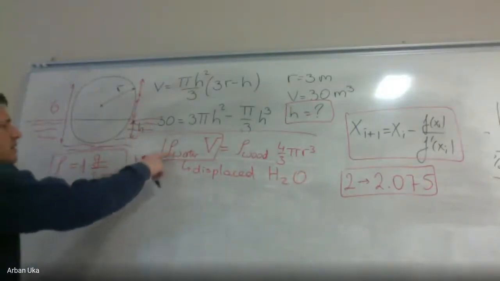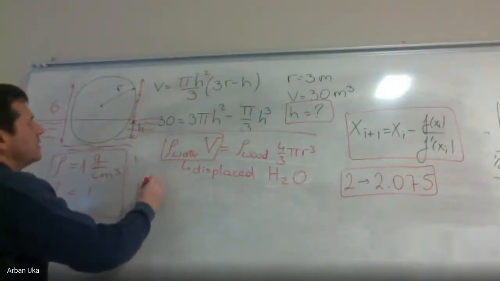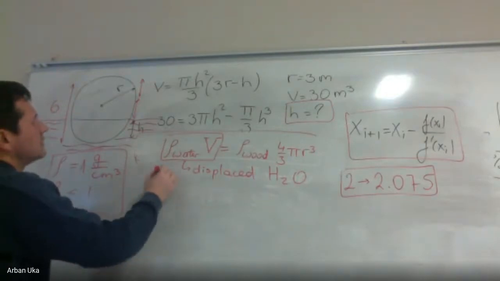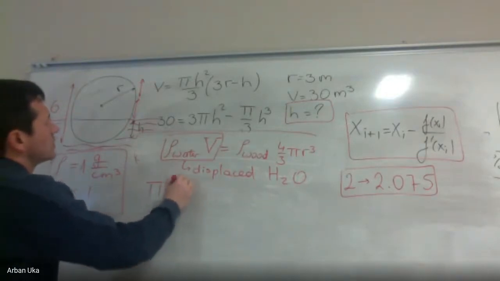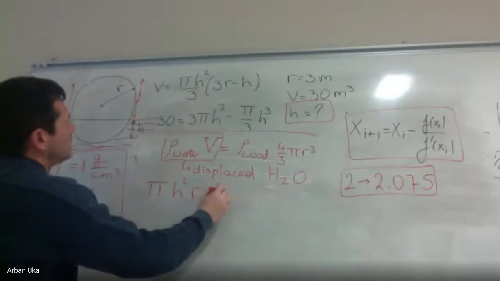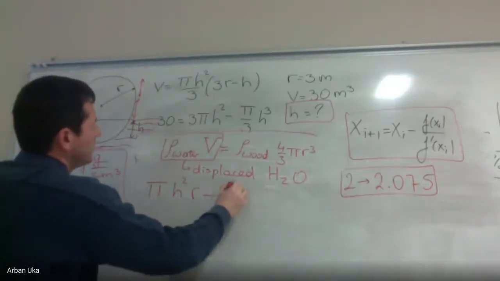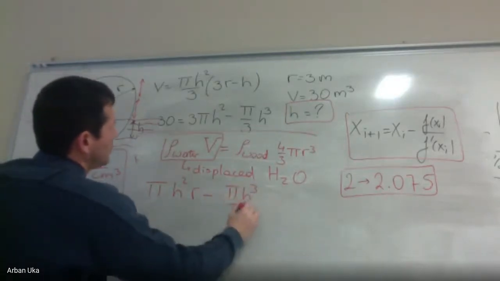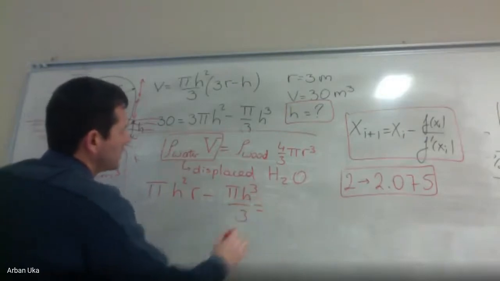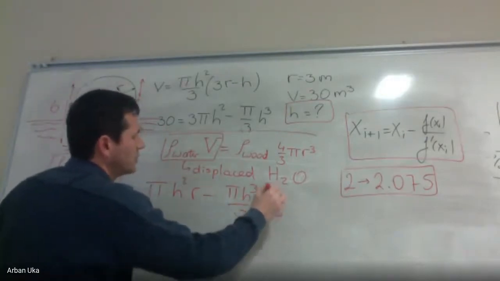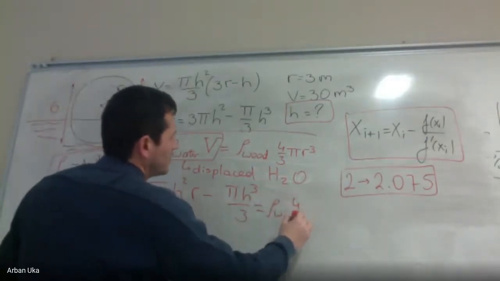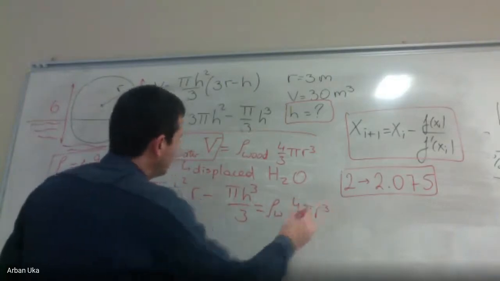This is what it is. We insert 1. We get here pi H squared R minus pi H cubed over 3 times 1. This is equal to rho of wood times 4/3 pi R cubed.